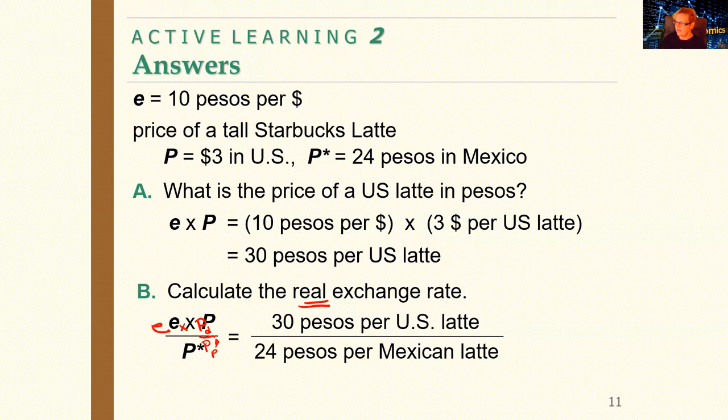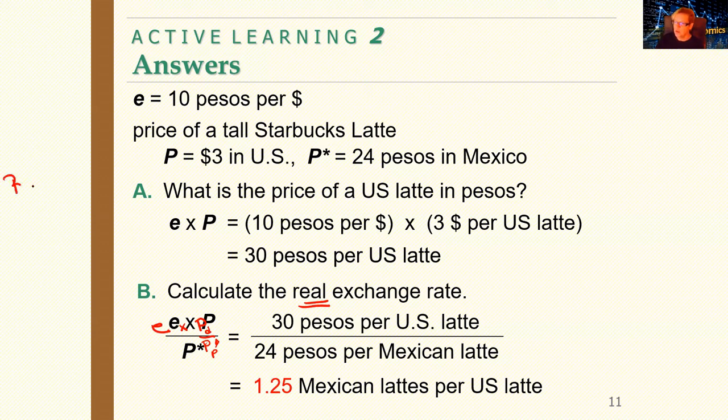So what we essentially get from this is 1.25 Mexican lattes per US latte. In the real exchange rate, we're talking about what if we didn't have currency, and how much more good do I get or how much less good do I get? So here, if it's 1.25 Mexican lattes per US latte, you only get one latte in the US, but you get 1.25 lattes in Mexico.